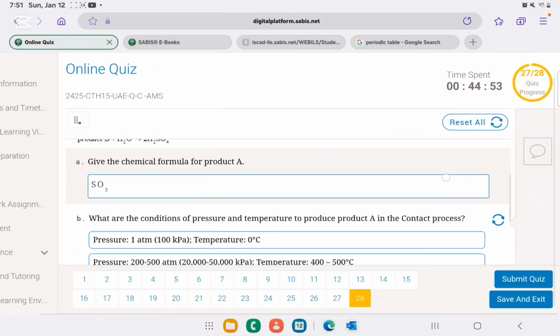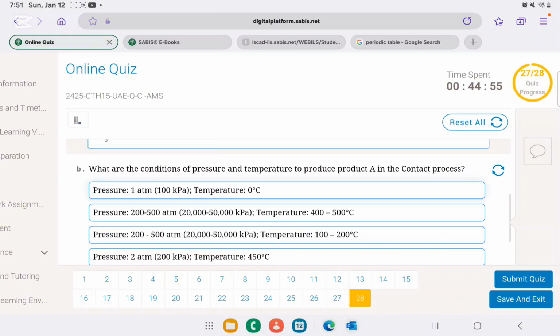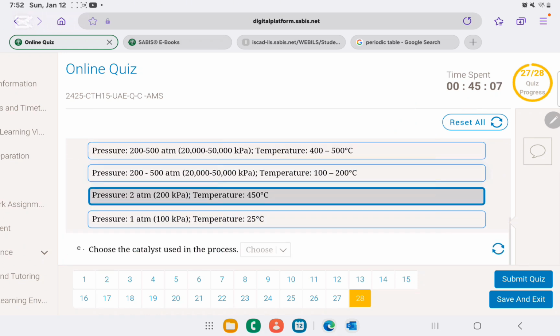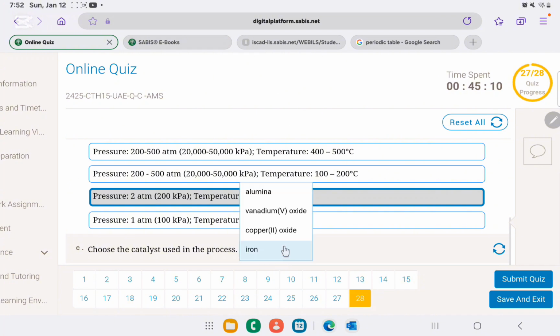Conditions and temperature. Temperature is always 450 degrees Celsius in both contact and Haber process, but the pressure is 2 atm or 200 kilopascals. So this one. Last question, catalyst is V2O5 or vanadium pentoxide.